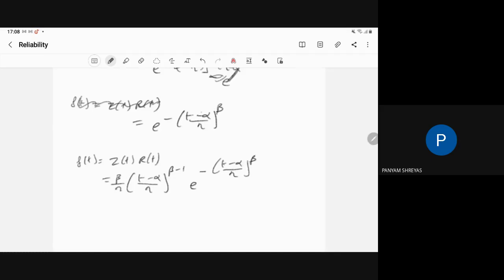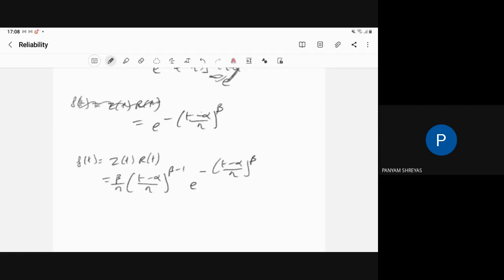Right, so this is the pdf of the Weibull distribution, right? This is the distribution of the Weibull.